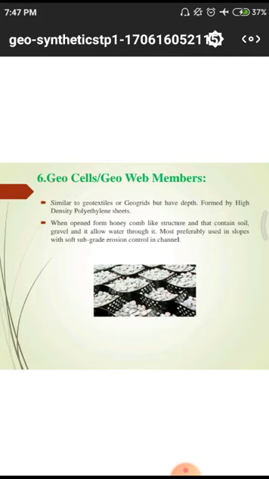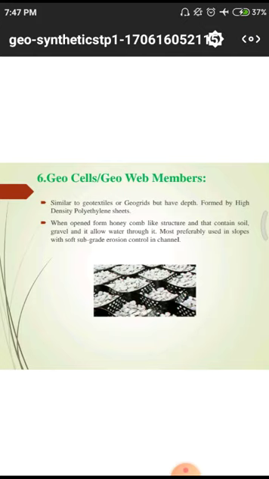In the depth itself we have to fill different aggregates, so that those will act as barriers. When these geocells are opened, they will be seen as honeycombs, a structure containing soil, gravel and other forms of different soil conditions.